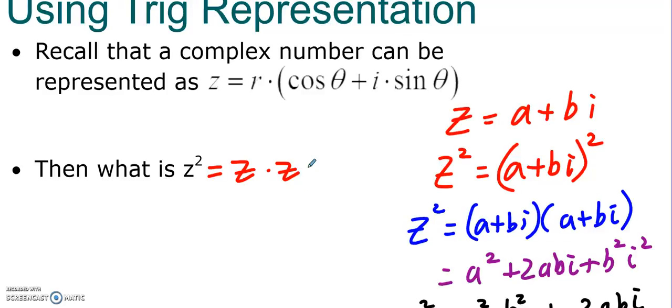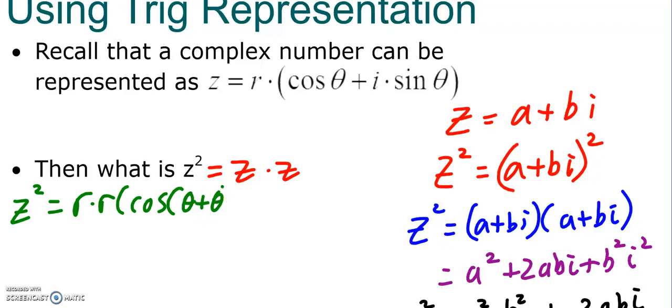So we learned this in our previous section, where if I multiply two complex numbers in trig form, then all I have to do is multiply their r values and add their angles. So I know z squared is going to be r times r cosine of theta plus theta plus i sine of theta plus theta.